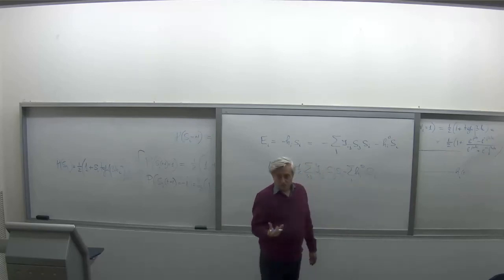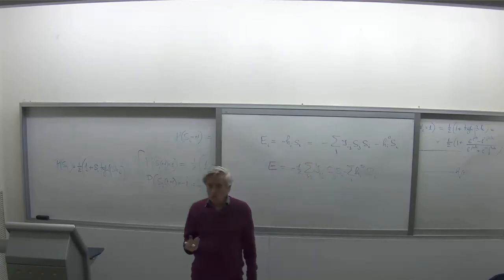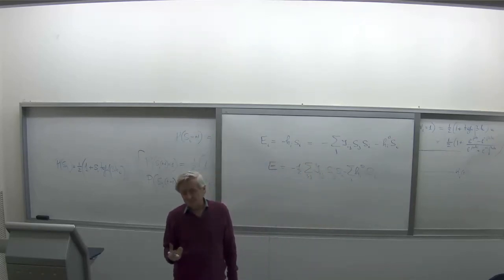And this is a function which is defined in the space of all possible configurations. And this function we refer to as energy. And in physics, this is a function which can only decrease.